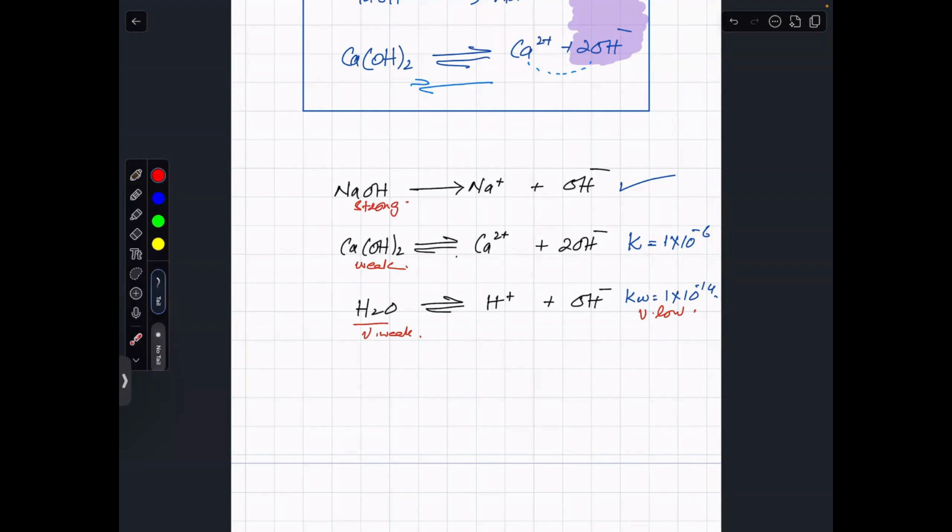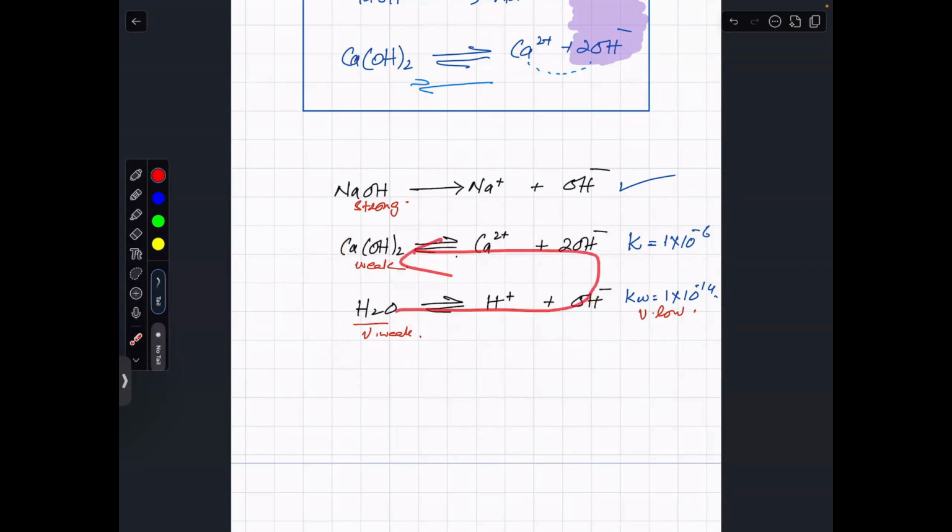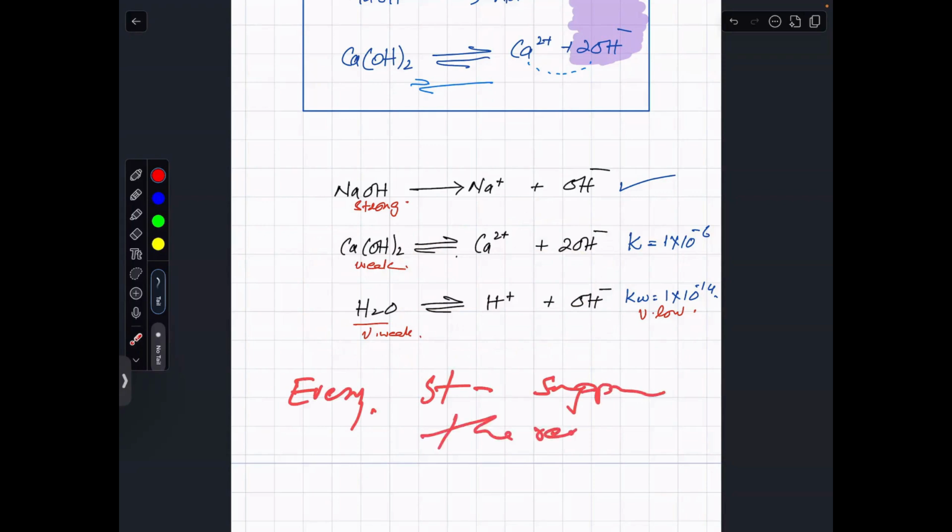Now, NaOH will suppress this as well as this. But if these are present in water, what do you think? Calcium hydroxide is relatively stronger than water. So actually calcium hydroxide will suppress water. Water cannot suppress hydroxide. Every strong suppresses the relatively weak.